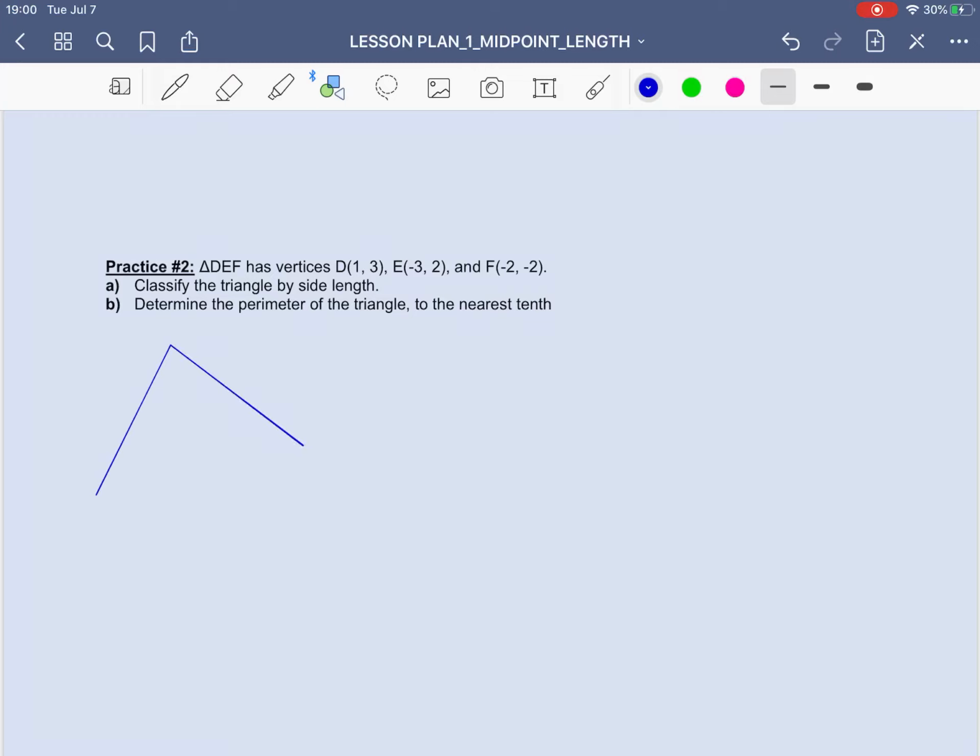Just draw any triangle. Here goes mine in here. And name the angles by letters D, E, and F. And then write the coordinates. So D is 1 and 3, E is -3 and 2, and F is -2 and -2.